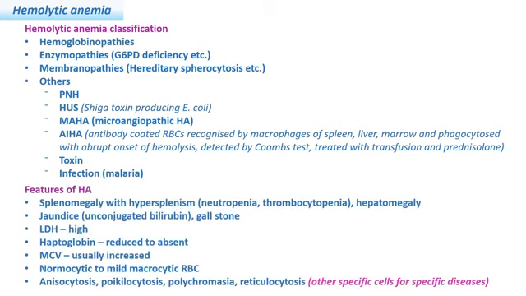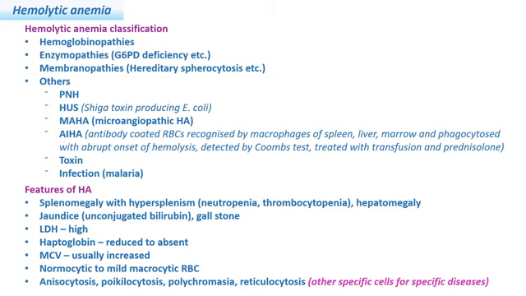What are the features of hemolytic anemia? Splenomegaly with a hypersplenism effect like neutropenia, thrombocytopenia, sometimes hepatomegaly, jaundice, usually unconjugated hyperbilirubinemia, in this case pigment gallstone.